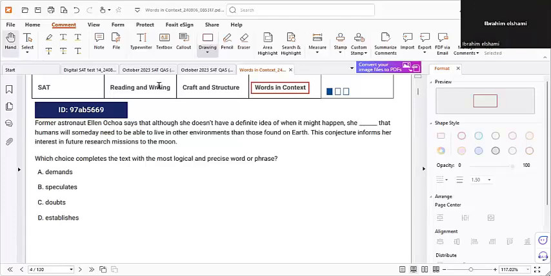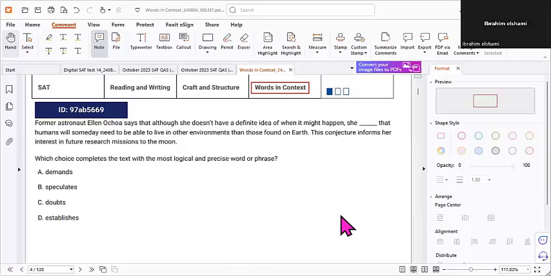Okay. Former astronaut Helen Ochoa said that although she doesn't have a definite idea of when it might happen, humans will someday need to be able to live in environments other than those on Earth.